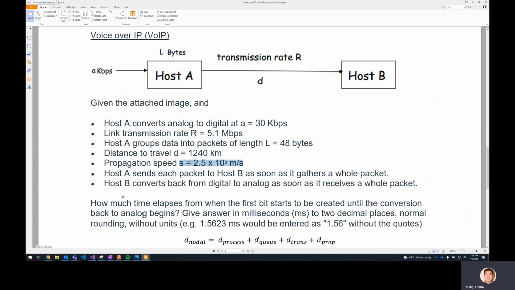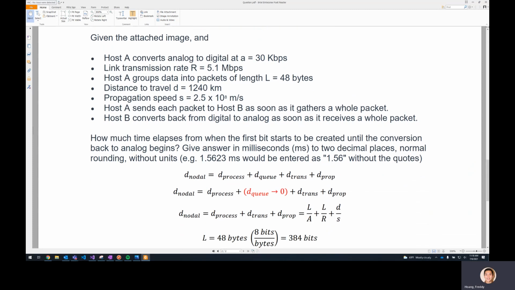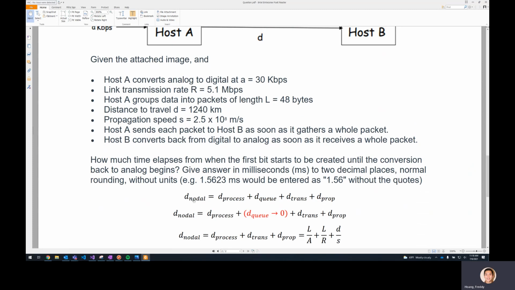So basically, this problem was asking how much time does it take, from t of 0 initial time, for the first packet to get sent from host A to host B and back. So I'll go through the simple concepts that are involved here.